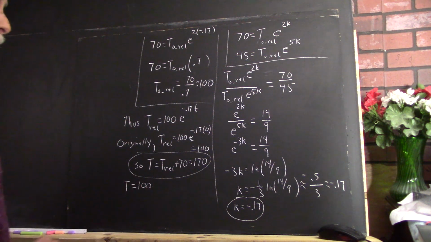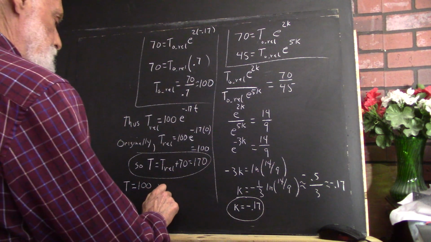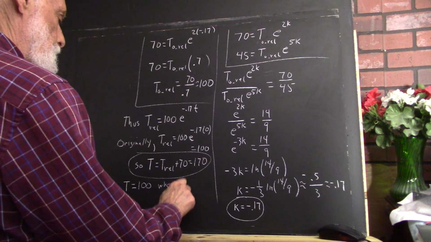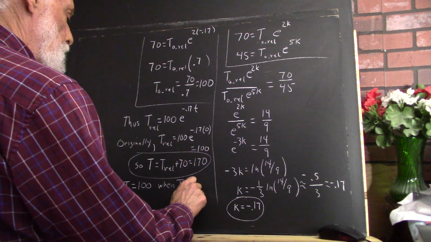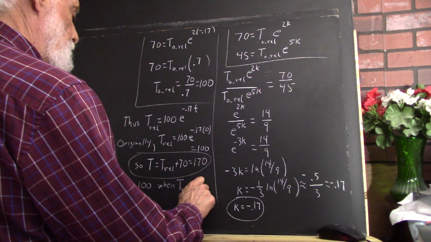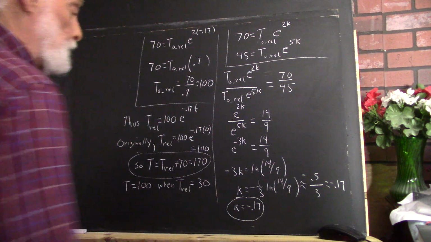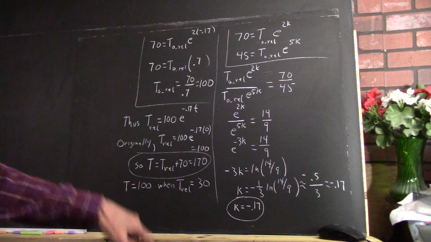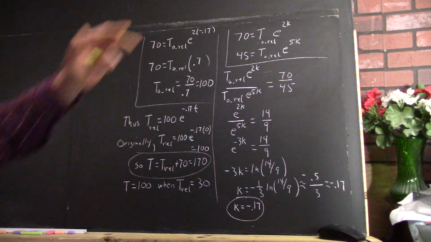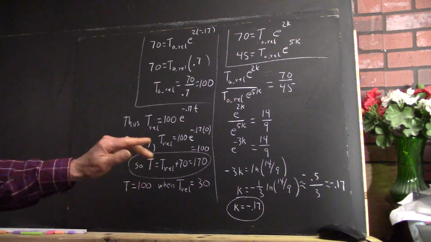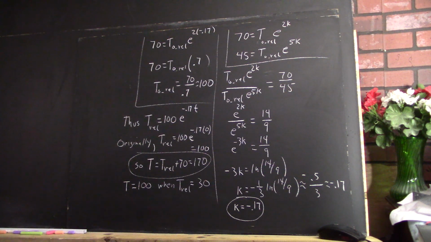Now our temperature is 100 when our relative temperature equals 30, which is 100 minus 70. Remember, how far are we from room temperature? At 100 degrees, we're 30 degrees above room temperature.